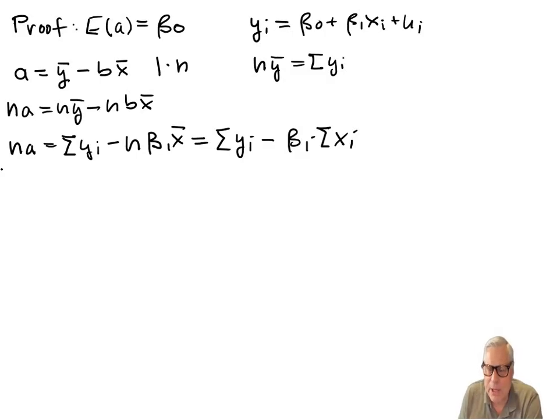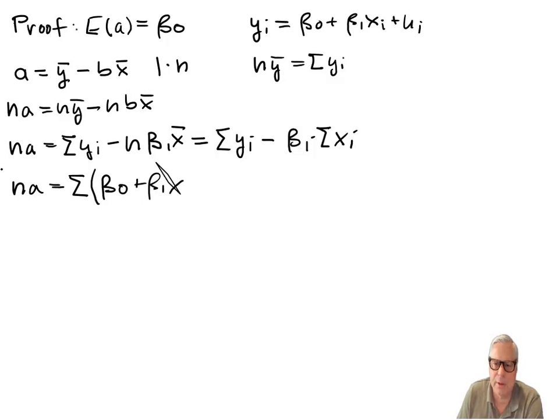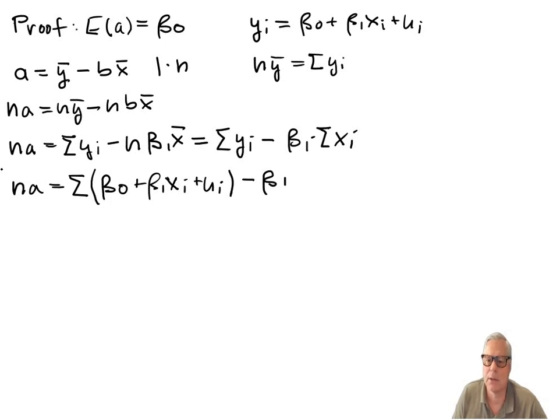But now we need to insert for na, for the sum of yi, we can now write the sum of beta 0 plus, with a parenthesis around, beta 1 times xi plus ui, minus beta 1 times the sum of xi.